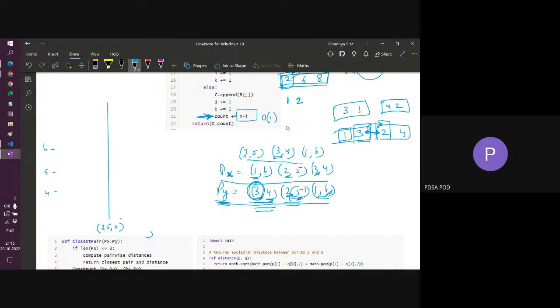So your 3 will be somewhere here, 3 comma 0 will be here. Your 2 will be somewhere here, 2 comma 0 will be here, 1 comma 0 will be here, assume, okay? So here you have 2 comma 5, so this is your 2 comma 5. And 3 comma 4 or something here, 3 comma 4. Right? And 1 comma 6 is here, okay?